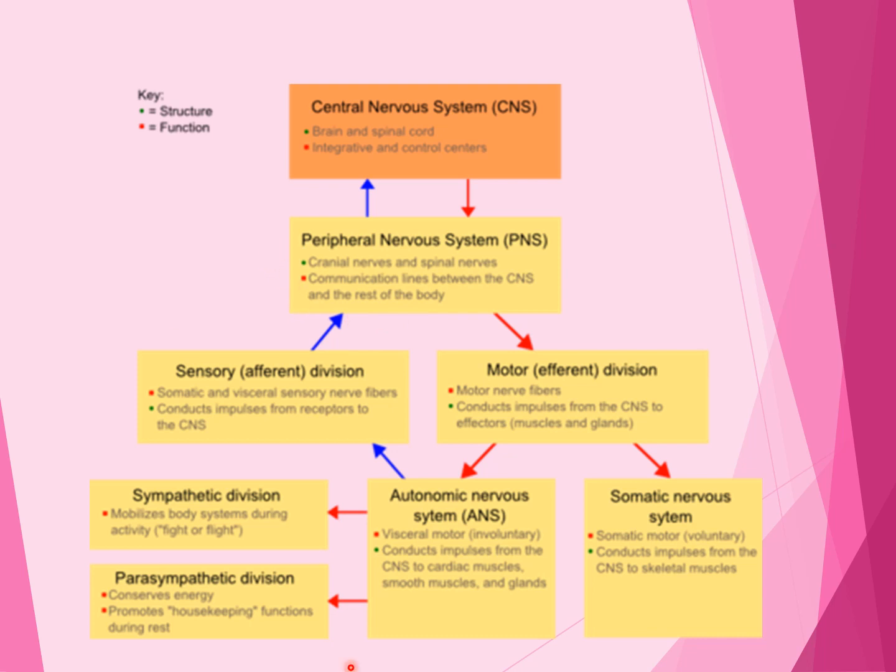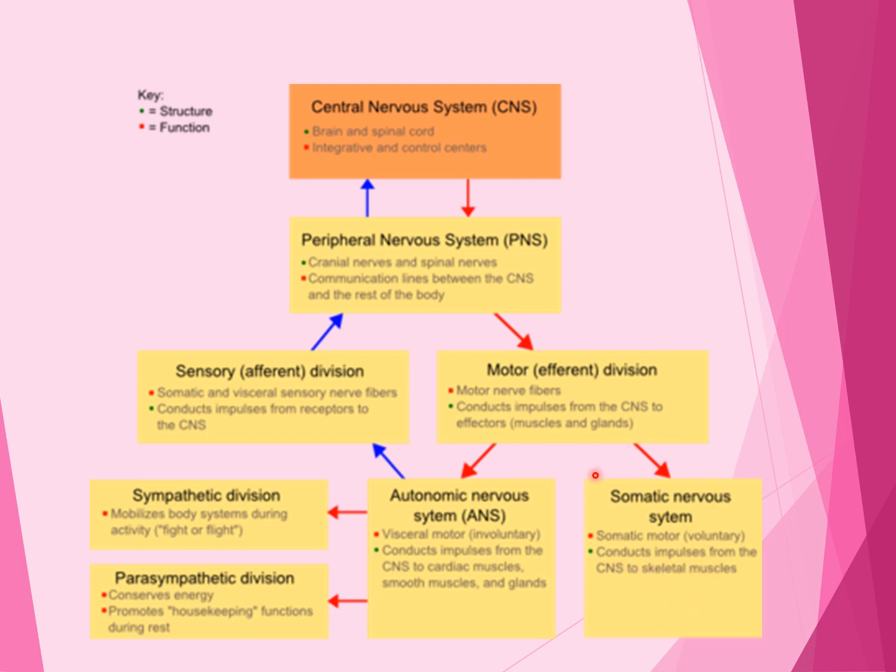Then the motor division conducts the impulses from the central nervous system to effector organs like muscles and glands. So skeletal muscles are included in the somatic nervous system, and that is voluntary. It conducts the impulses from central nervous system to effector organ, skeletal muscle.